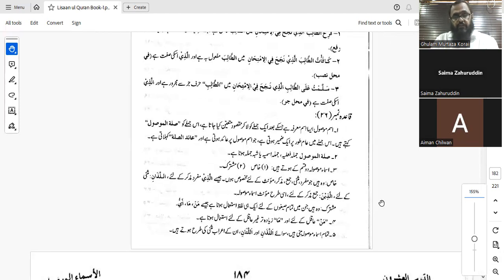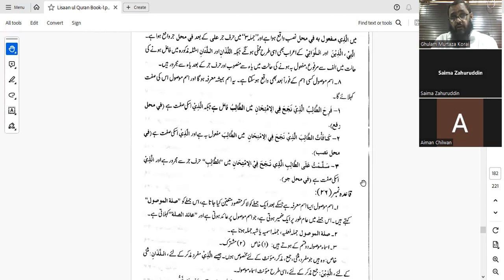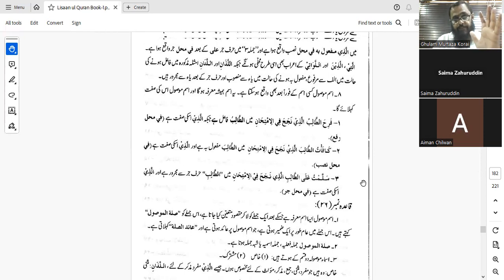We understand that Ism al-Mawsul has three states of i'rab, meaning mahl al-i'rab. They can be marfu', mansub, or majroor. If ismul mawsul is fi mahli rafa', that will be marfu'. If it is fi mahli nasab, that will be mansub. If it is fi mahli jar, it will be majroor. This is very important. We have understood that.